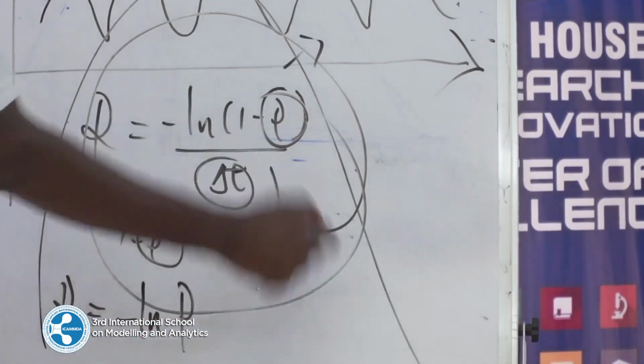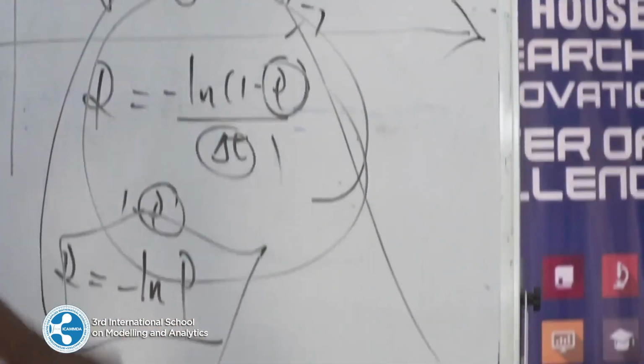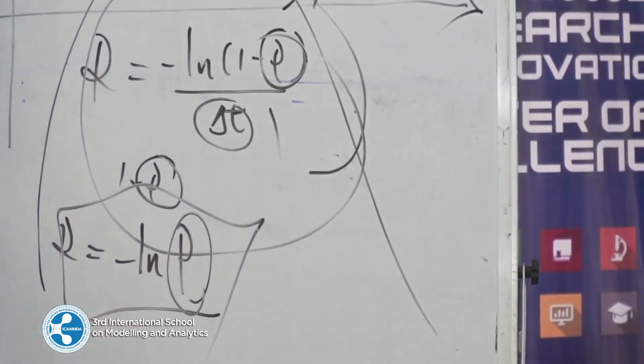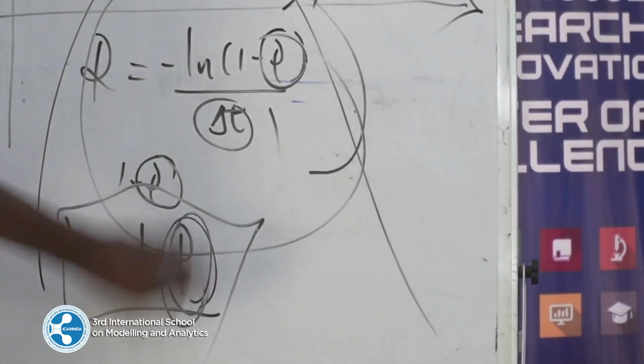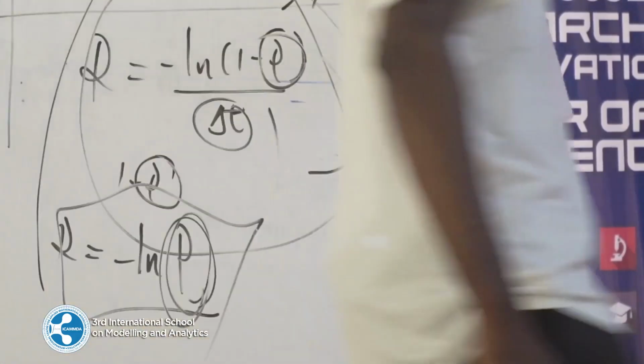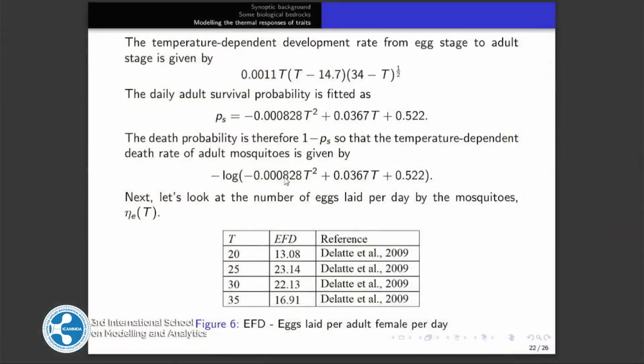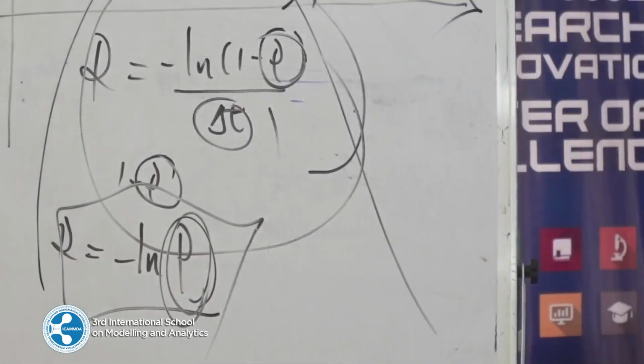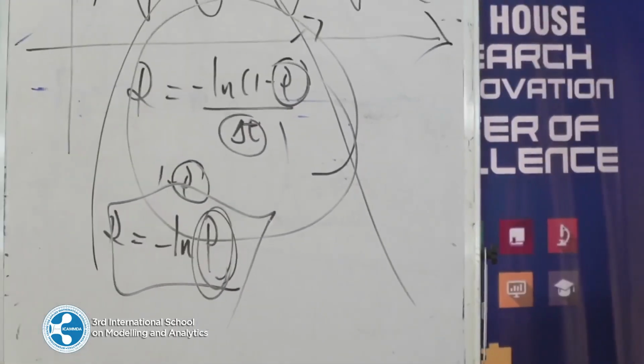Since it is per day, the time difference is just 1. So we have minus ln p. But we know what our p is already, that p subscript x equals all of that. So we just have the death rate, therefore, to be minus log of whatever our p is.